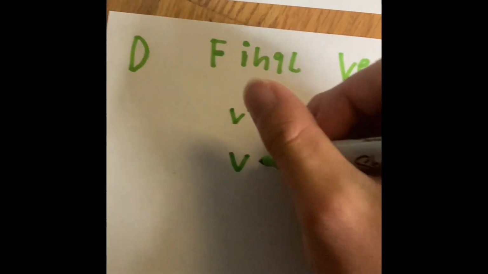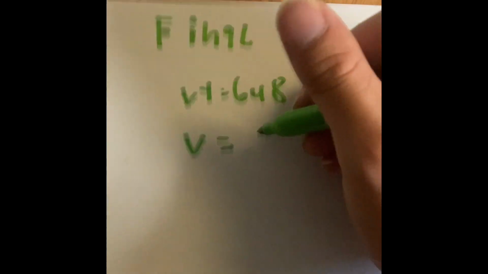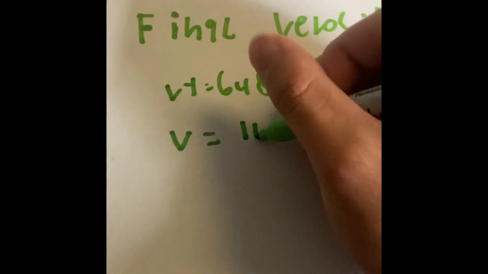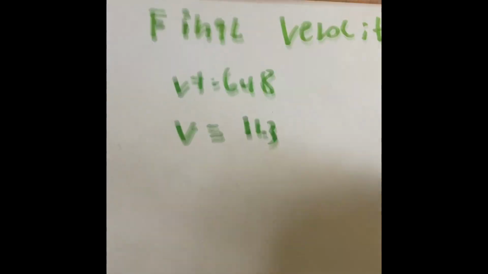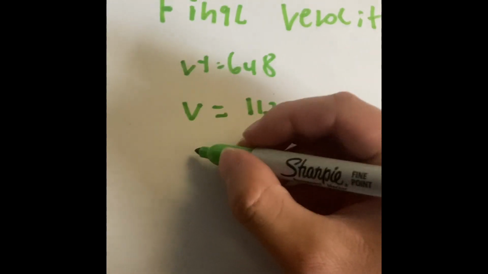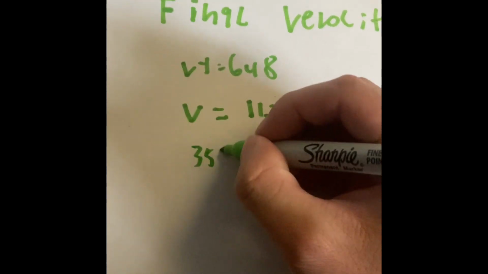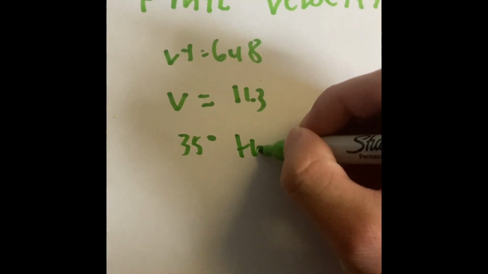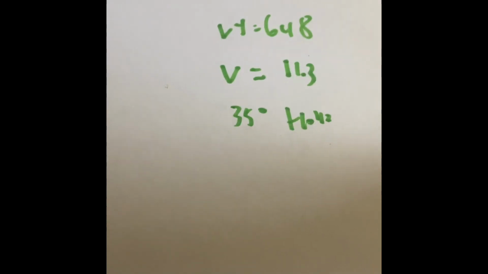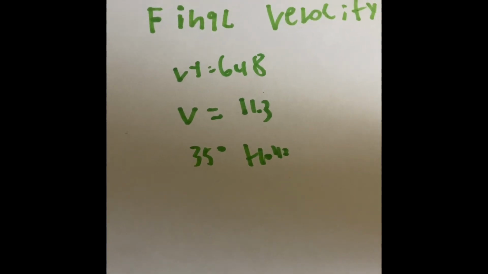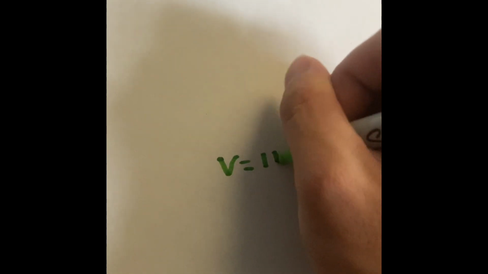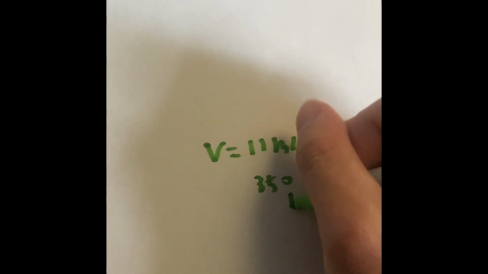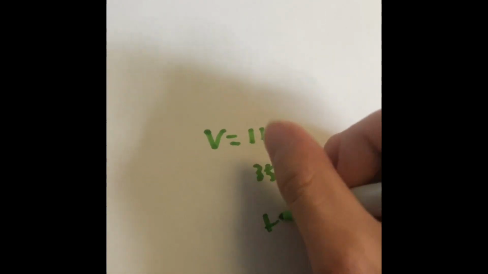Our V initially, without any axis information, is 11.3. And we also talked about having 35 degrees below the horizontal. So the answer is literally right in front of you. Our velocity is going to be 11 meters per second, 35 degrees below the horizontal line.